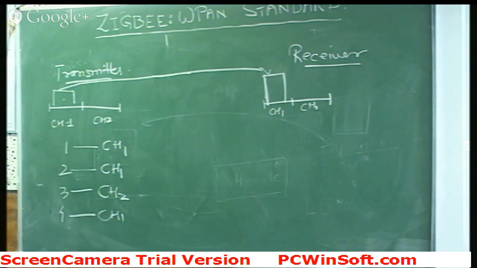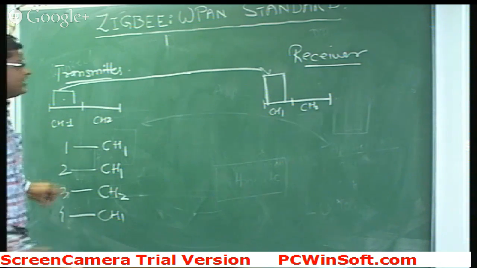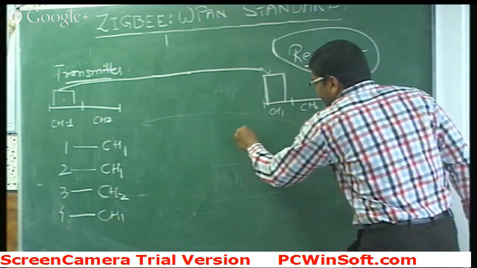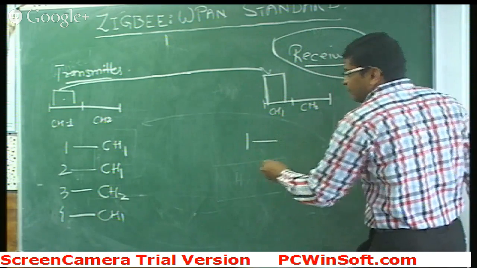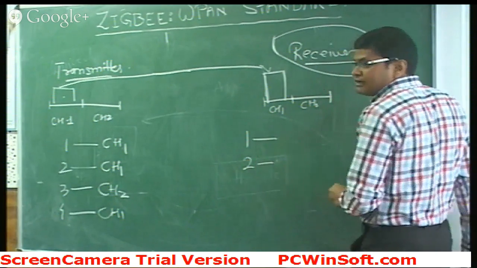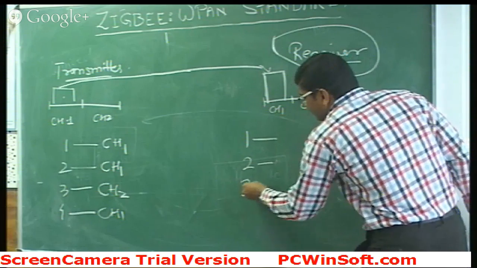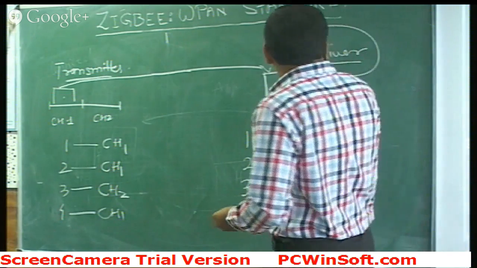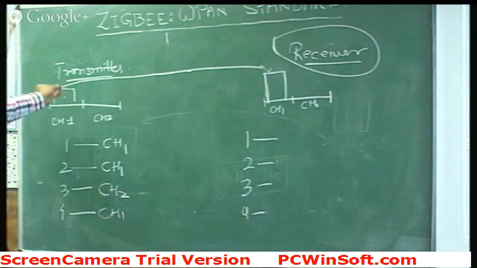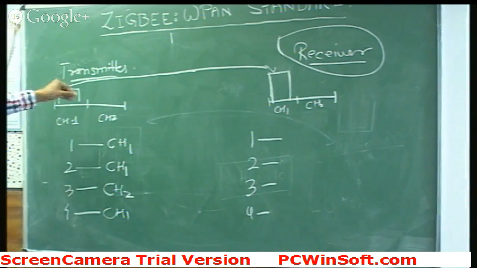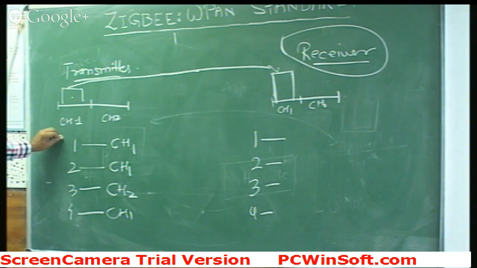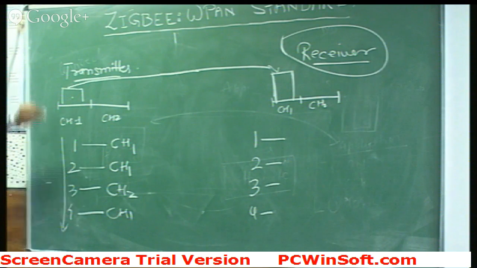The receiver is also aware of this pattern, so it will hop its frequency channel in accordance with the pattern in which the transmitter is going to send the signal.